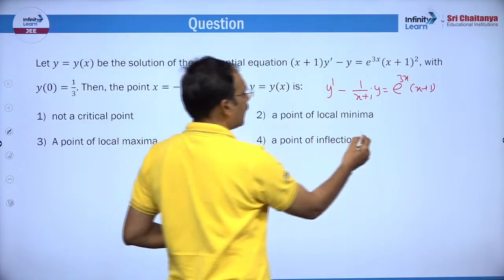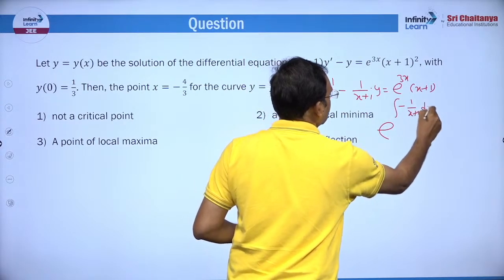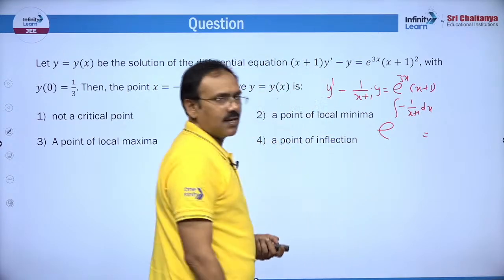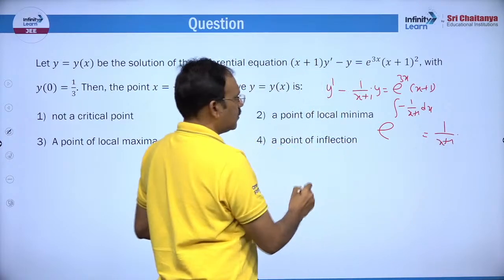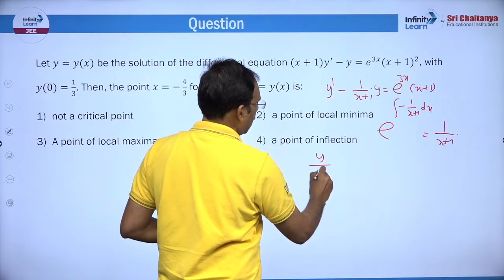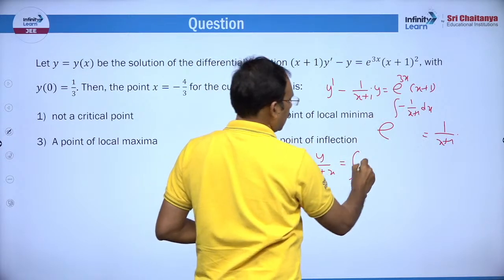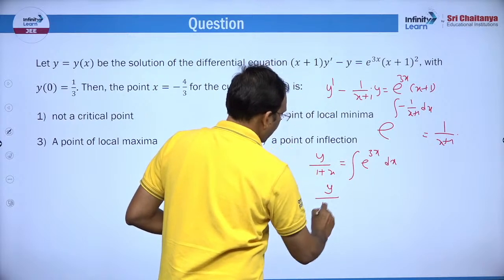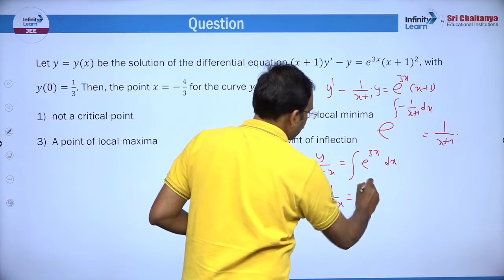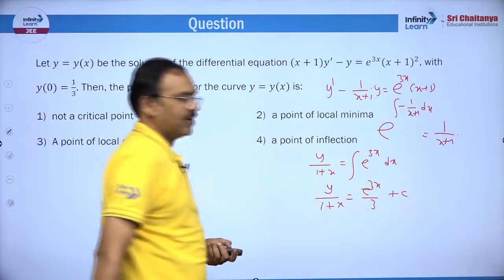So, integrating factor is e power integral p dx, which is 1 by x plus 1. So, solution is y into integrating factor is equal to integral of integrating factor into q of x, which is e power 3x dx. So, I can say y by 1 plus x is equal to e power 3x by 3 plus c, my dear friends.